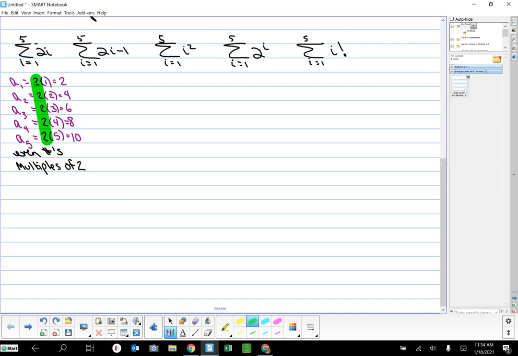So if instead of a 2 underneath that highlighting, you had a 5, you'd build 5, 10, 15, 20, 25. You'd build multiples of 5, right? So this could be a 5i out here. So you can have multiples of a number by changing the coefficient out here. This just happens to build you evens or multiples of 2. Okay, so that's important.